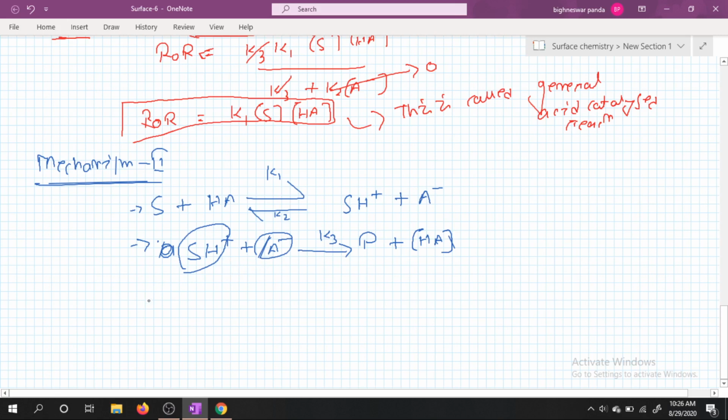So here again we have to calculate the rate of reaction, and the rate of reaction equals dP by dt, and it will be equal to K3 SH plus A minus.